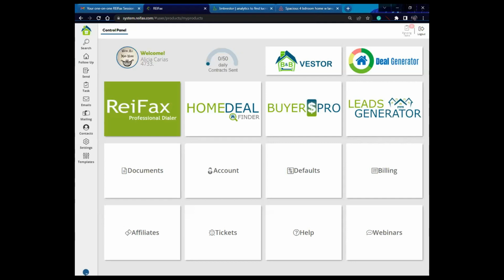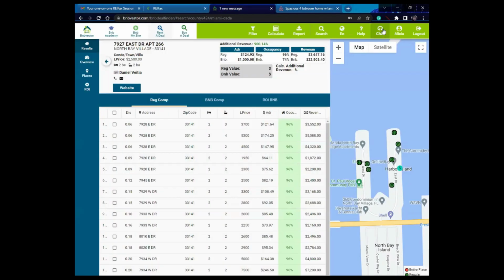Remember, you have in REFX the blue bubble here, and in BnB you have this chat here. If you click there, it works just the same as the blue bubble in REFX, and you can open a chat with us and ask any quick question.